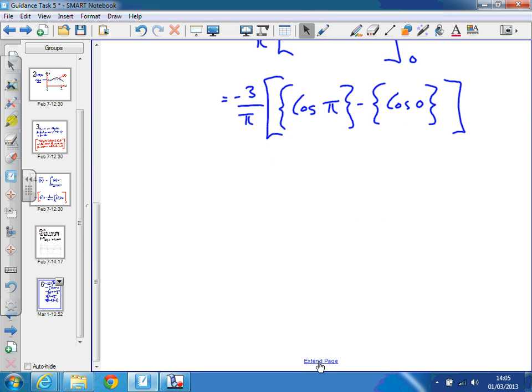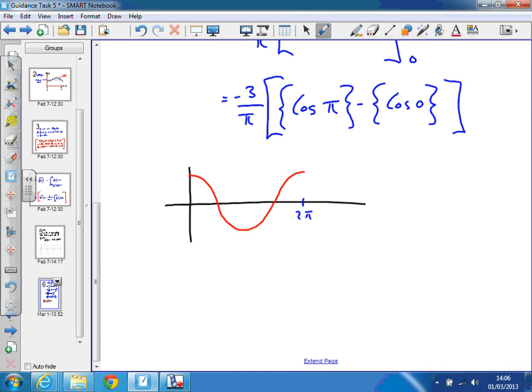You can use a calculator to work out the cosine of pi and the cosine of 0, but hopefully you don't need a calculator, because if we just quickly sketch the cosine curve across one cycle, that's 2 pi, one complete revolution. So this is pi. So what's the cosine of pi? Minus 1. What's the cosine of 0? 1. So, in other words, the cosine of pi is minus 1 and the cosine of 0 is 1.